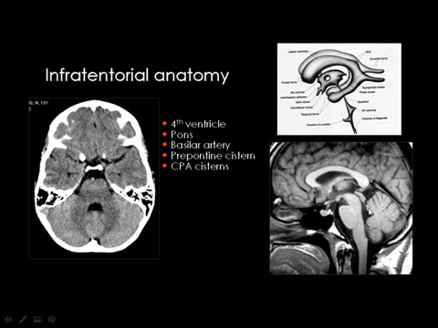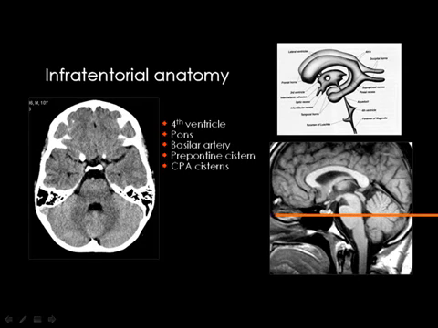When the fourth ventricle is large, you see the largest part of the brainstem anterior to it. The brainstem is composed of 3 parts, as you all know: the medulla oblongata, the pons, and the midbrain.